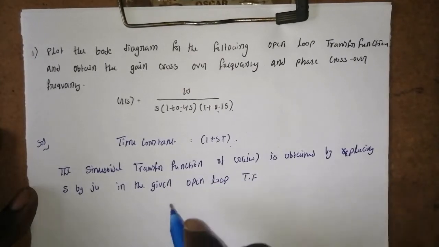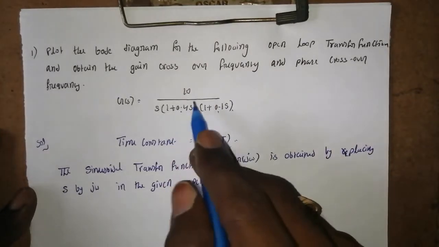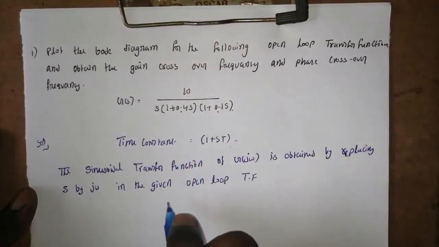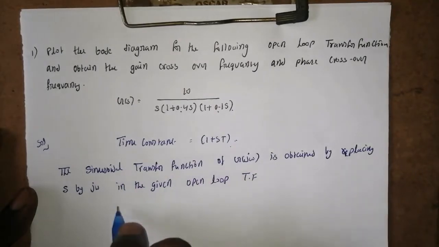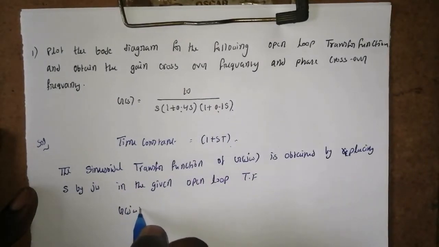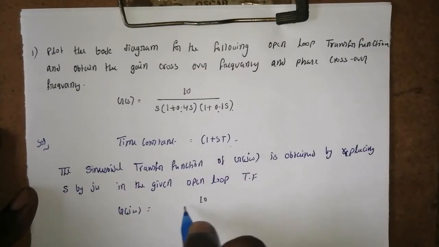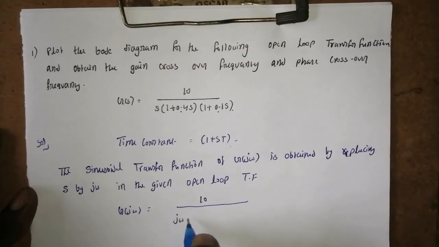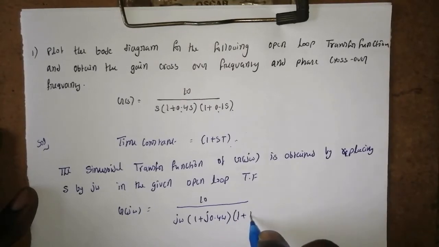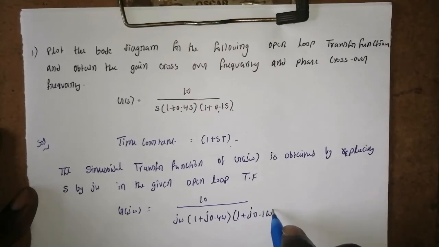So we replace s equals j omega in this transfer function. If you substitute like this, you will get G of j omega equals 10 divided by j omega into (1 plus j 0.4 omega) into (1 plus j 0.1 omega).